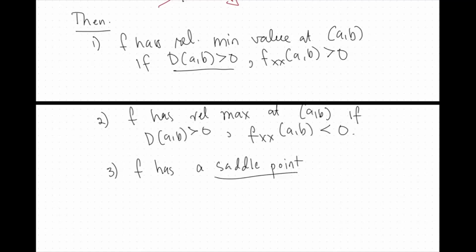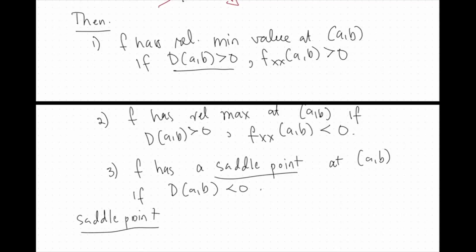When we say saddle point at AB, I'll define later, if your D at AB is negative, then the saddle point is neither a max nor a min, neither a relative max nor a relative minimum.